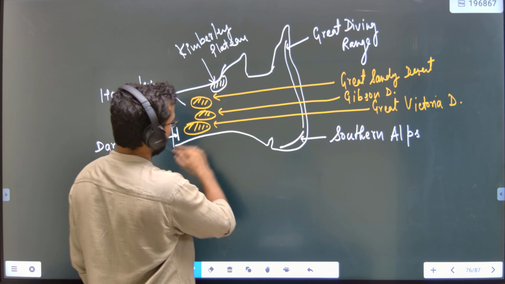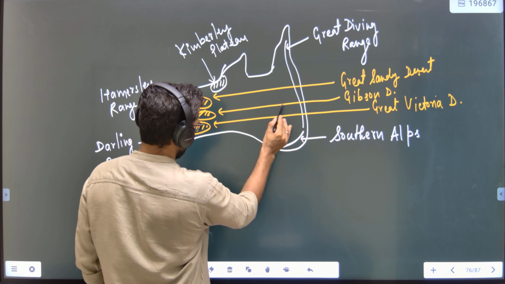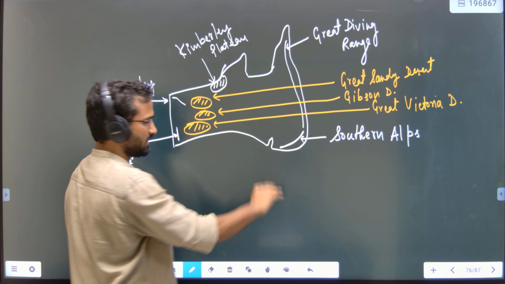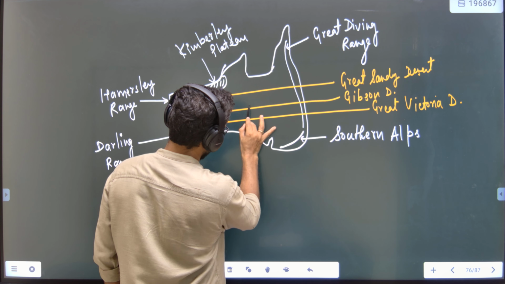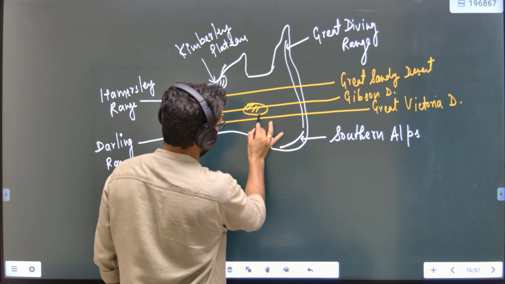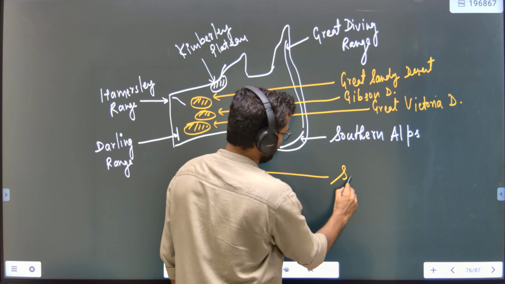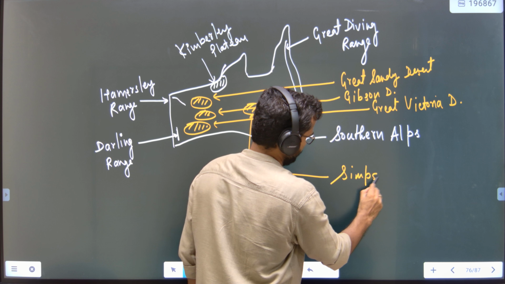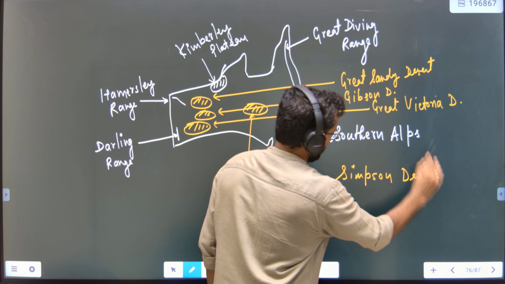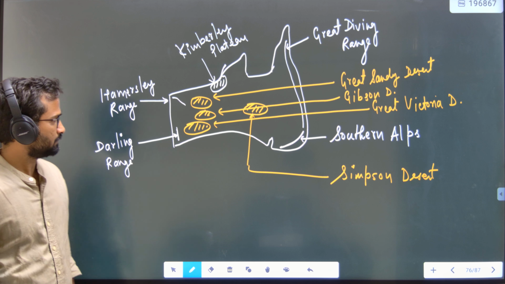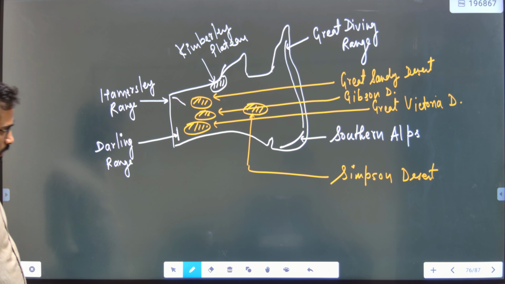And in the central part of Australia, over here, we find another desert called Simpson Desert. So these are the important deserts of Australia.